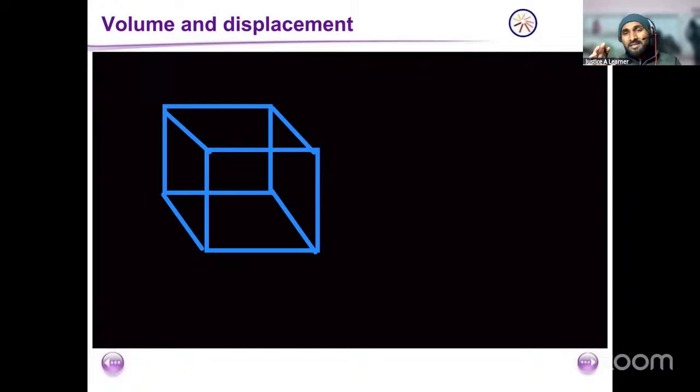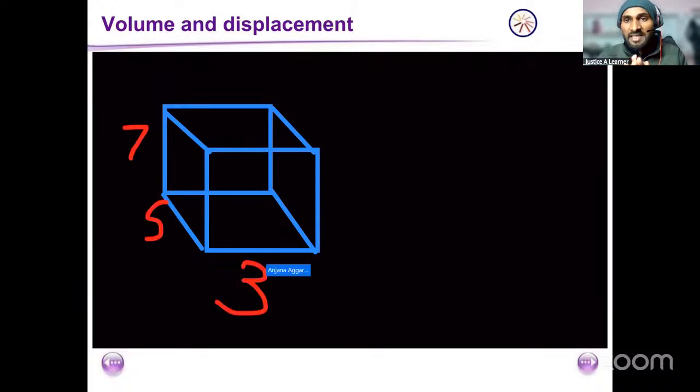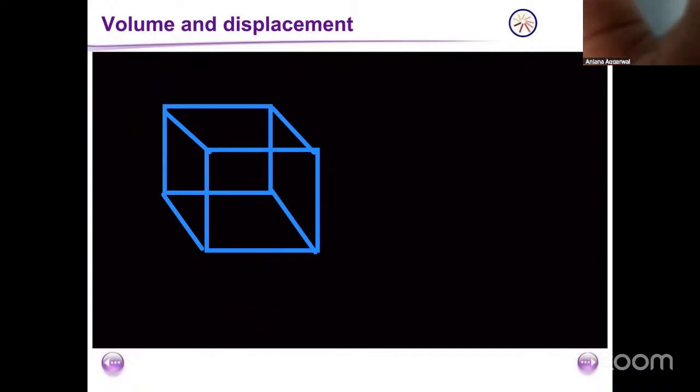So let's say if this would have been a cuboid, you would have found the volume in the same way, by multiplying length, width and height.